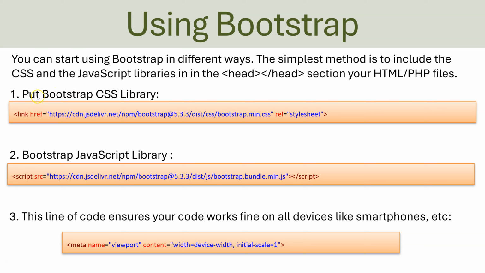So basically put this Bootstrap CSS library, which is shown here, in your head section. And second, put the JavaScript library, which is part of Bootstrap, also in the head section. And then third, typically you need to use this meta name viewport, etc. in order to make sure that Bootstrap works fine on all types of devices, from computers, smartphones, etc.